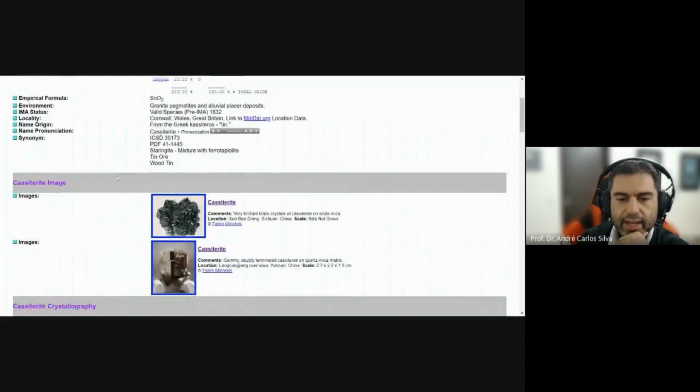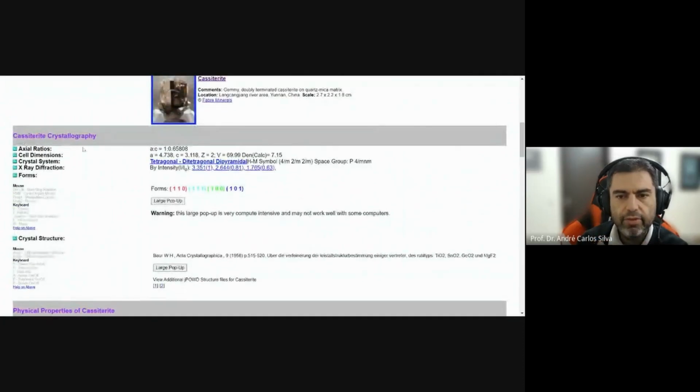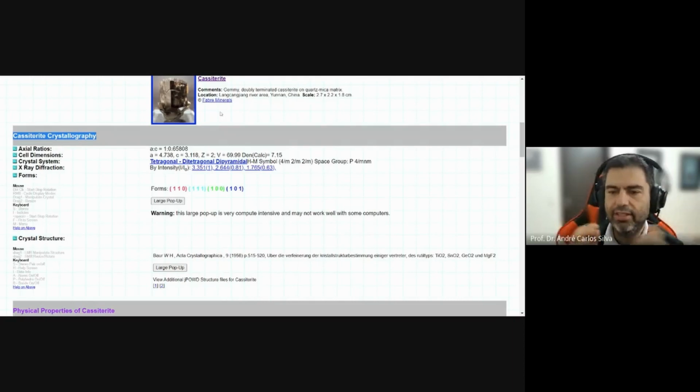Everything that I have over here is quite nice, but it's more for geologists. But if you want to take a look at the crystallography, why on earth would I take a look at it? Because of XRD. If I perform an XRD, I need to look at crystallography because I'm talking about crystal structure, or crystalline structure.